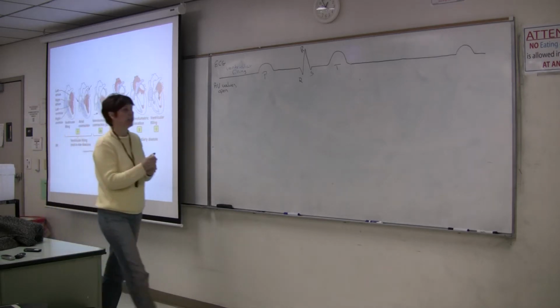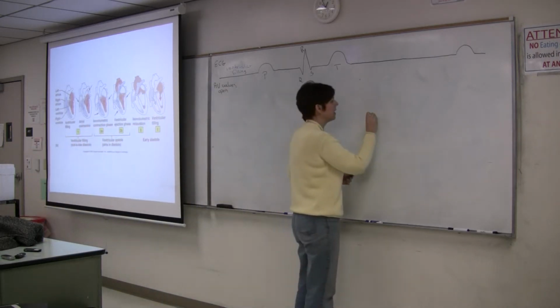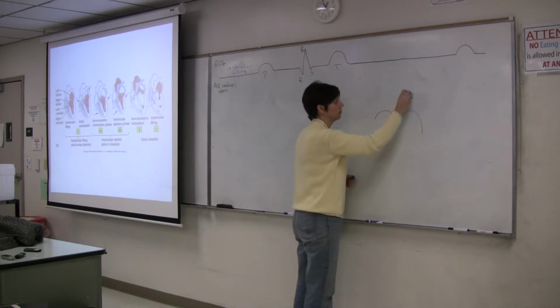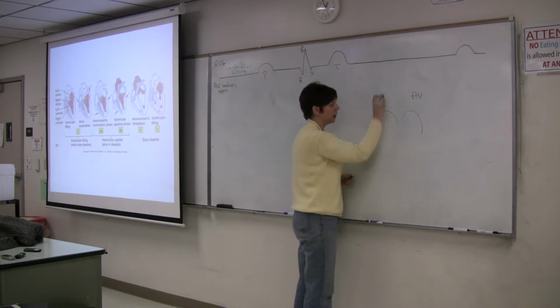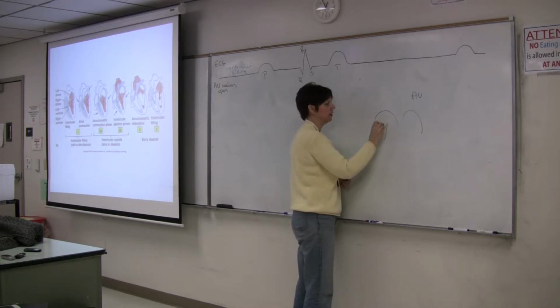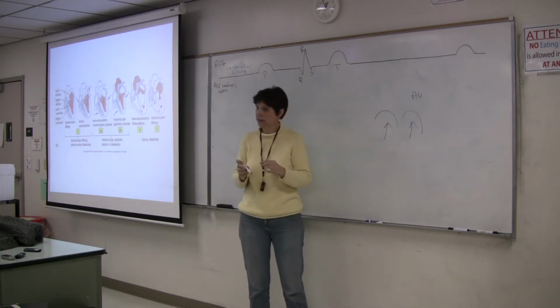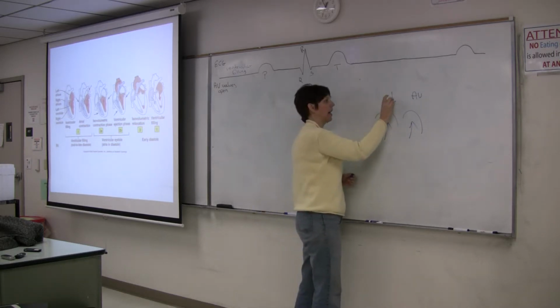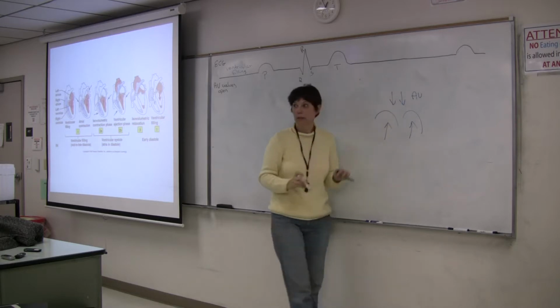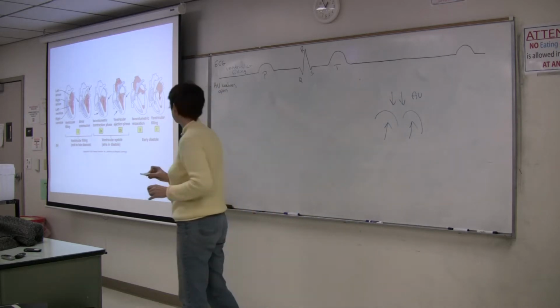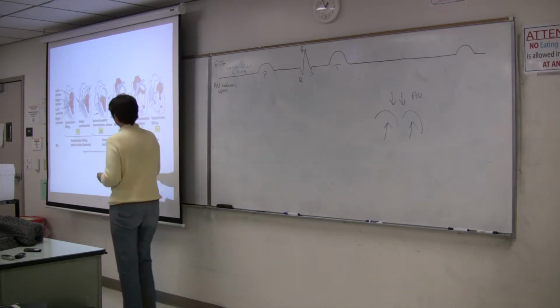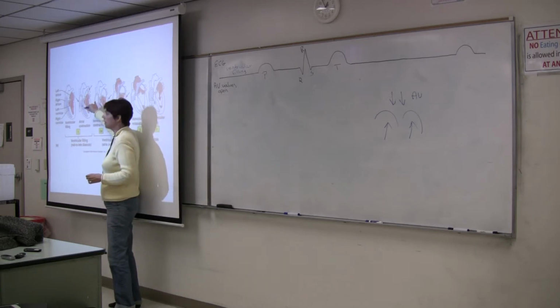All right, so if we look at our AV valves in this direction, increased ventricular pressure over atrial pressure is going to close the valve, whereas higher atrial pressure is going to open the valves. All right, so as ventricular pressure rises, it's going to close these valves.